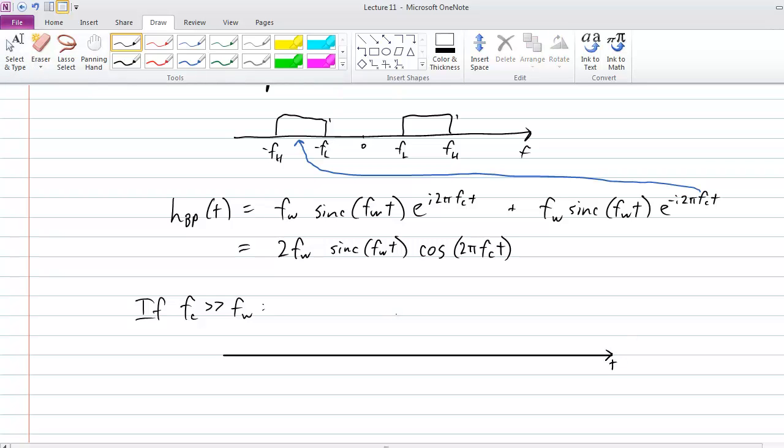So you have your sinc, which goes, I'll do a dotted line.